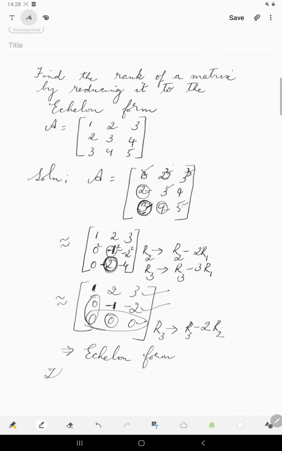So there are two non-zero rows in the echelon form. Therefore, the rank of the matrix A is equal to 2. This is the way of computing the rank of a matrix.